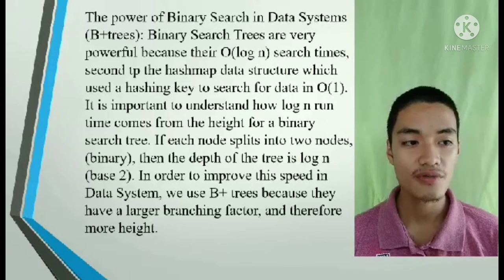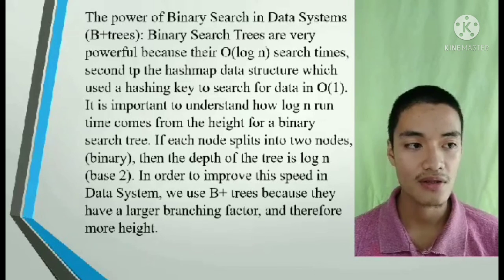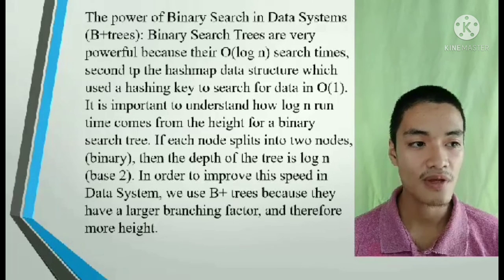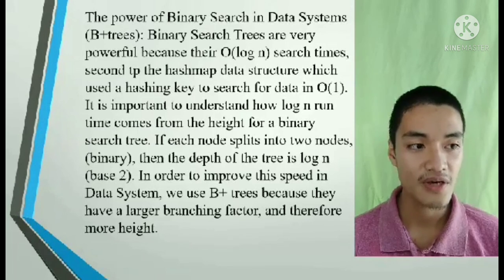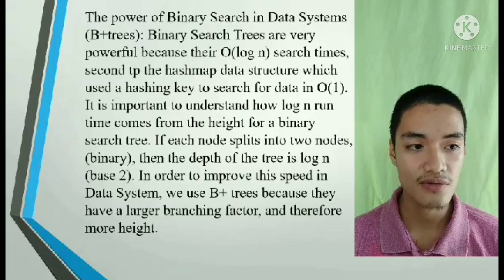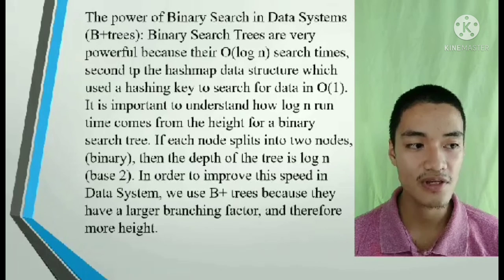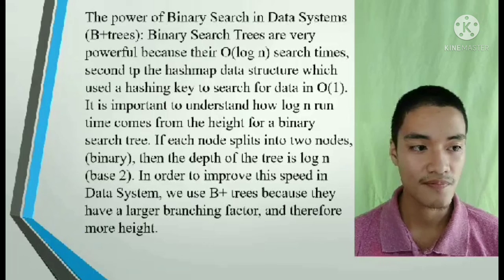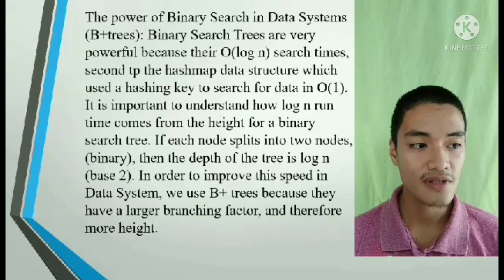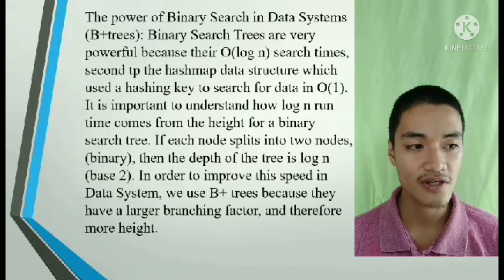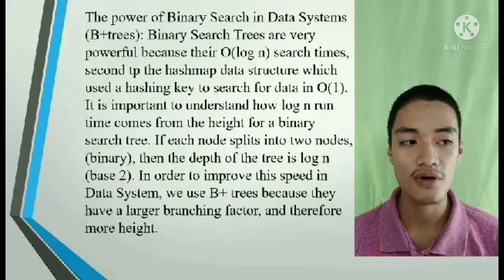It is important to understand how the log n runtime comes from the height of the binary search tree. If each node splits into two nodes, then the depth of the tree is log n base 2. In order to improve this speed in data systems, we use B+ trees because they have a larger branching factor and therefore less height.